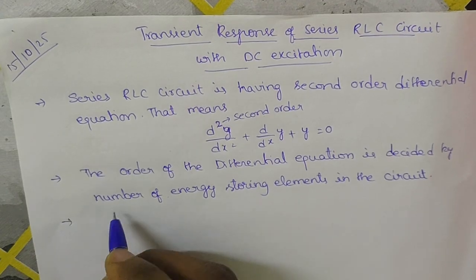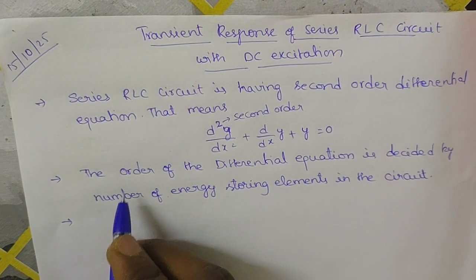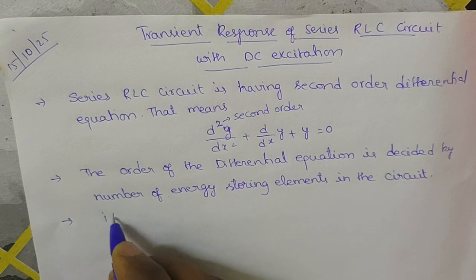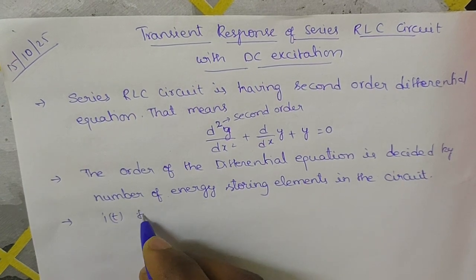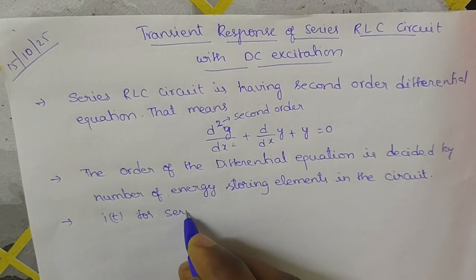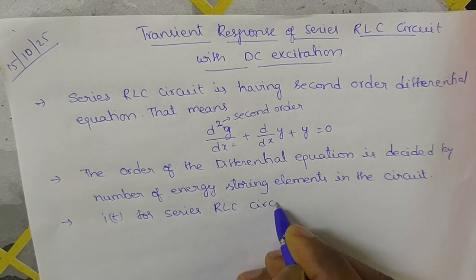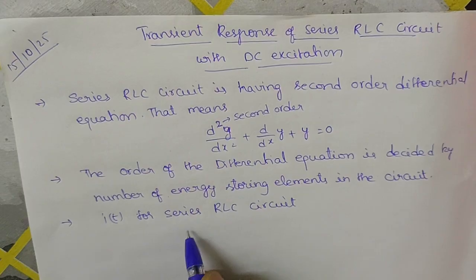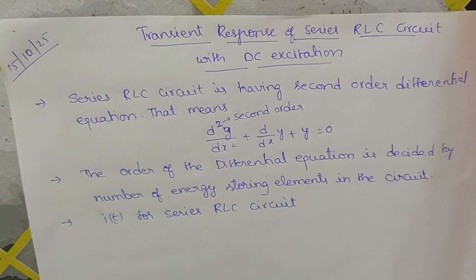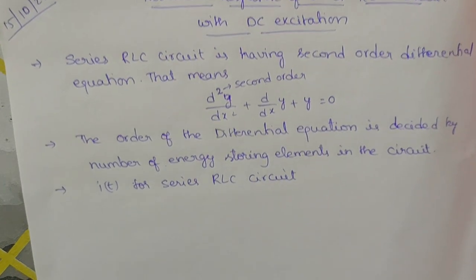Now let's derive the equation for the current I of t for a series RLC circuit. Let's draw the series RLC circuit.